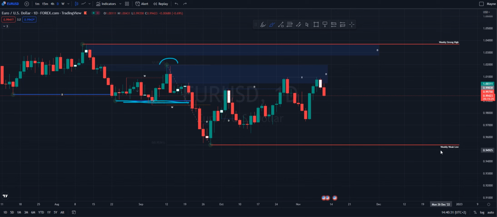So once we've mapped premium and discount, we look to map relevant supply and demand zones. Since we're in a bearish market, we're going to look for supply zones that caused a break of structure, and we see that we have a break of structure here, and the last candle that came in to cause that break of structure is this bullish candle over here.